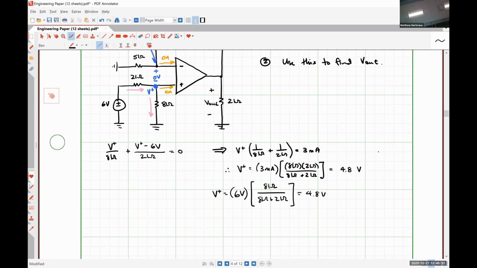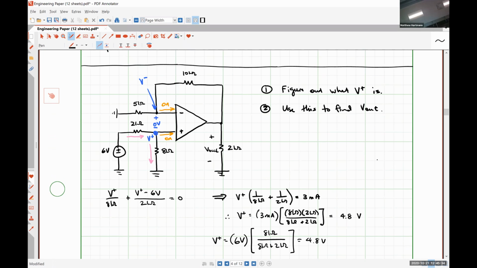Alrighty, so now that we know what that voltage V minus is, we can again effectively apply Kirchhoff's current law. So I could say that this current, which I'll call I, has to be the exact same as this current, because the current flowing through the 10 kilo ohm resistor, none of it can branch off and flow into the inverting terminal, right?